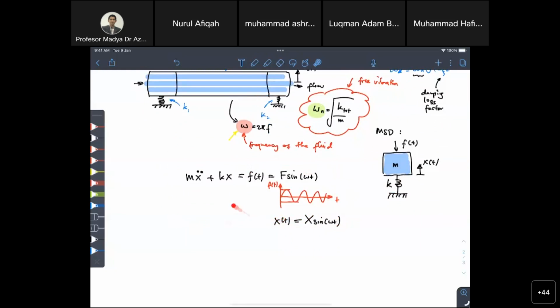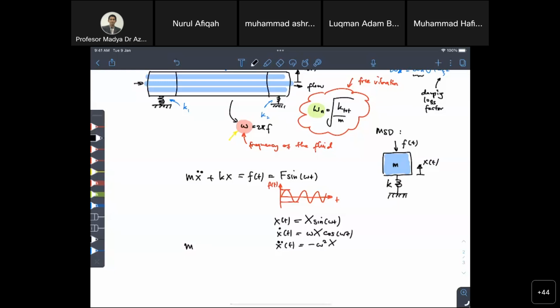So then in mathematics we can substitute this into the equation. So m, what is x double dot? x double dot is the second derivative of x. What is the first derivative of x? So omega x cos omega t, and then we differentiate one more time. Omega comes out, but cos becomes minus sine.